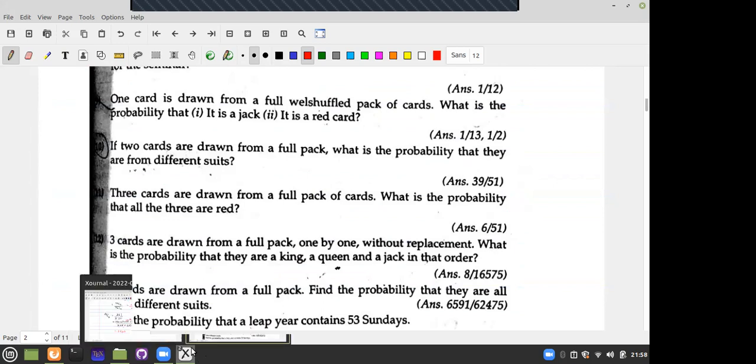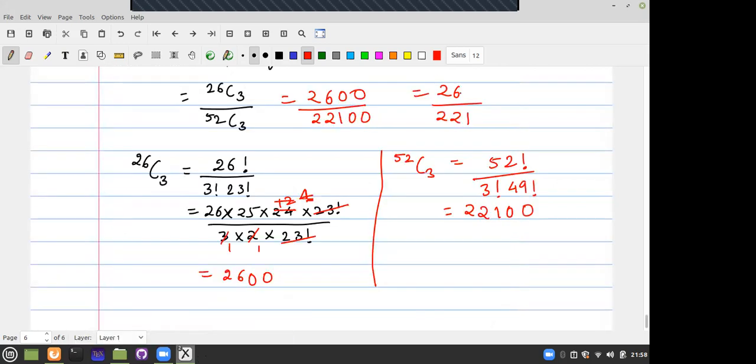Maybe this is divisible by 13, and let us see if this answer comes to 2 upon 17.